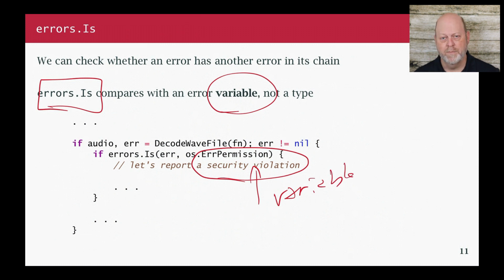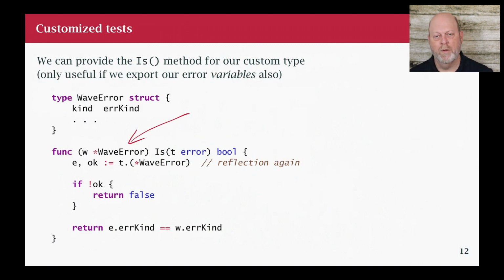So you can imagine that this is being called where the receiver is one of my error variables, like header missing, or header read from error, or whatever. So this method is being called on one of my variables given some other error. Okay, is it the same error?